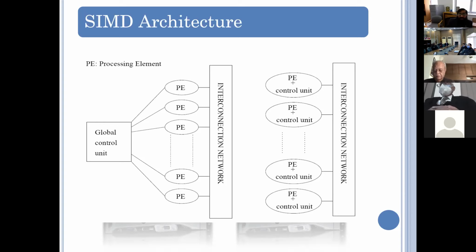For the control unit we are using the CPU, and for the array processing we are using the GPU, or you can use FPGAs and other accelerators, based on the vendors available. Like Google gives you tensor processing units, and you can use them to improve the performance of your neural networks. So that is the main difference between SIMD and MIMD, the global control unit.